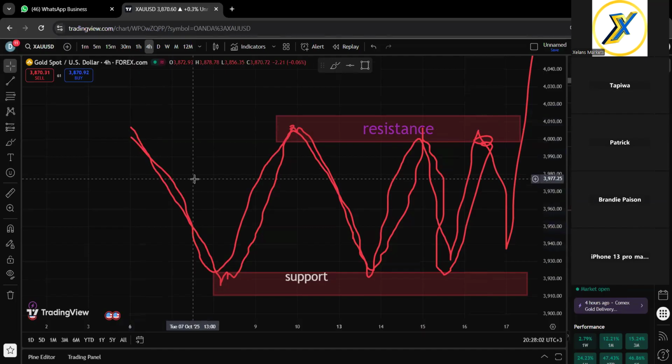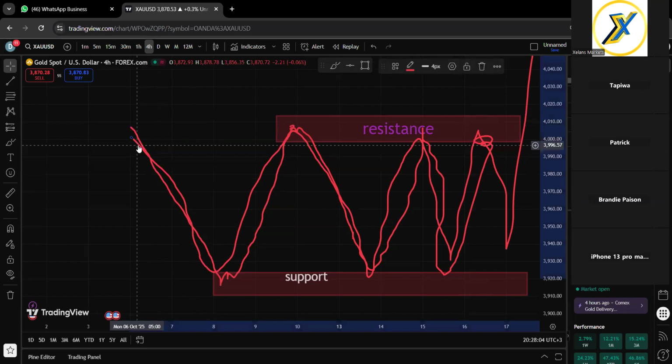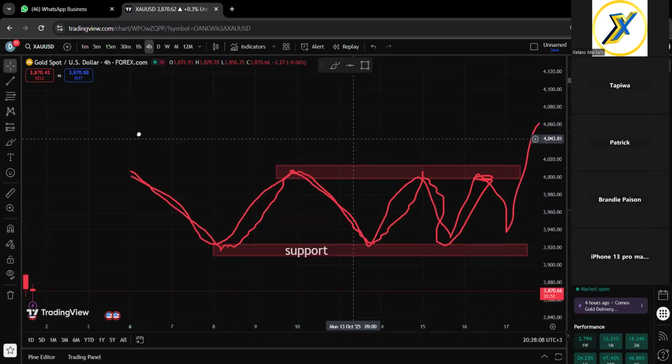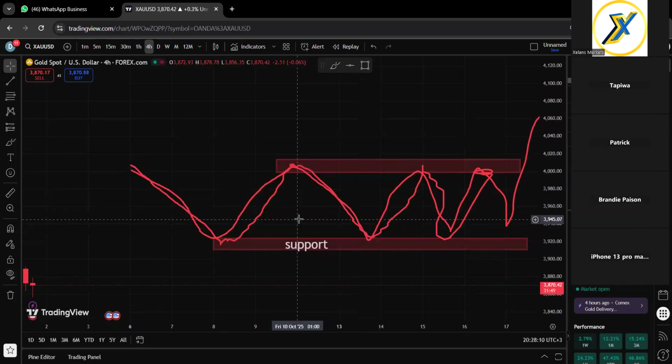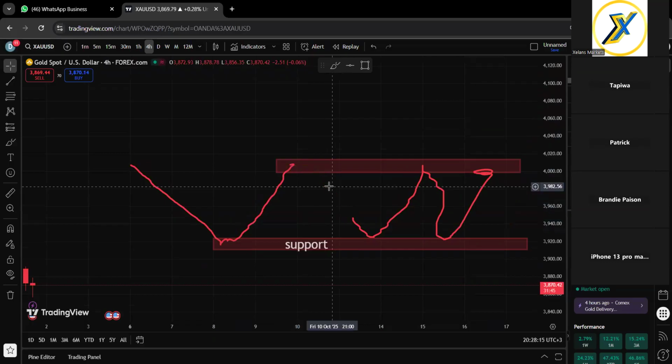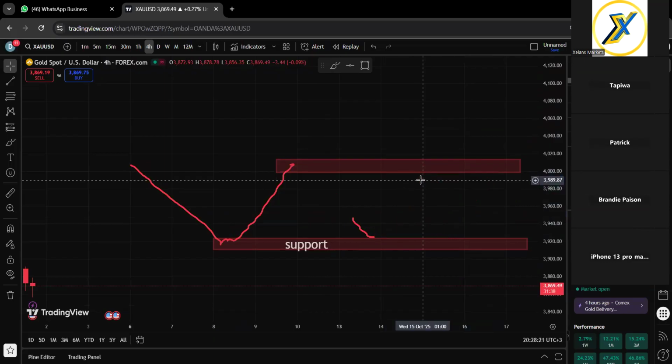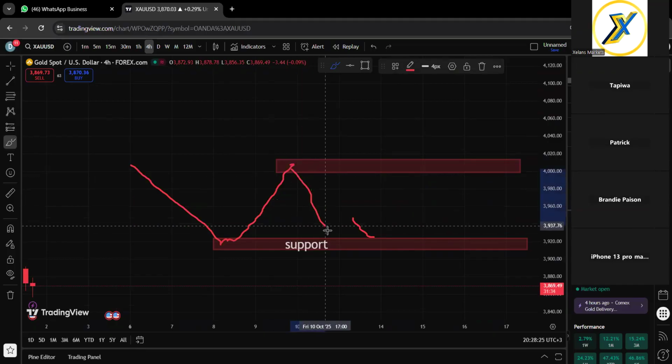So what happens when the support is broken? Let me remove all these drawings. In case this market comes and breaks this support here and closes with a body, remember guys, we said you must wait for the candle to close with a body.